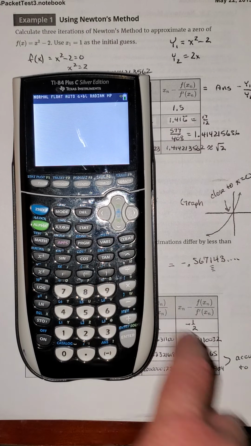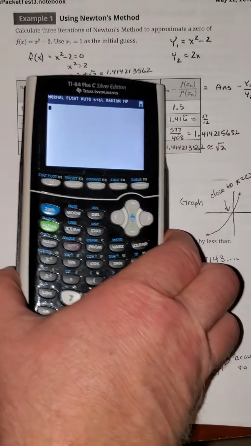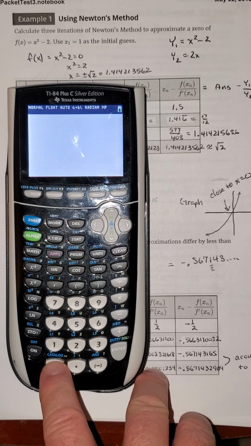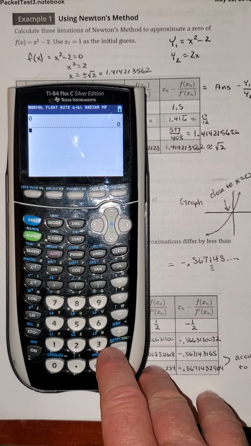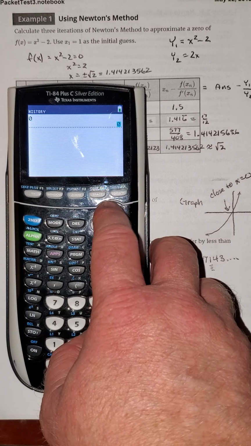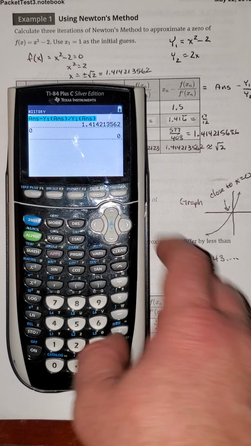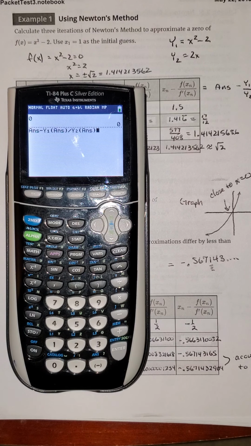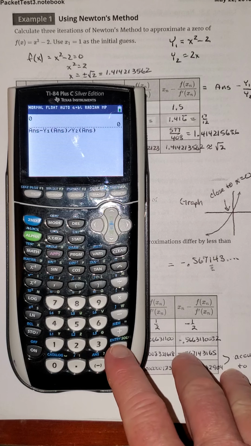My original value on this problem down here, we decided to go with 0. We're looking at this problem down here in the notes. So I'm going to put in 0 and enter. And the great thing about my calculator is I can arrow up and I can pull that formula right back up. If you have an older calculator, you just have to keep hitting second and enter until it pops back up.